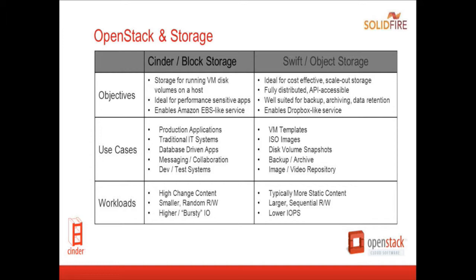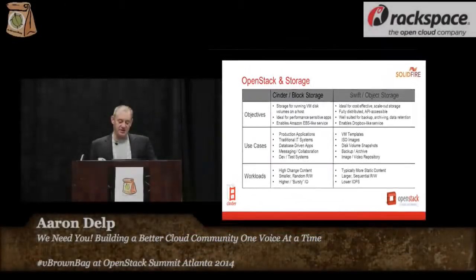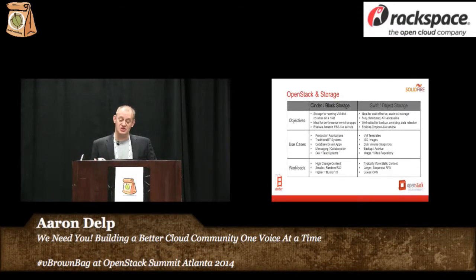But the use cases that lead from those objectives of the projects: production applications, traditional IT under Cinder. Under Swift, a lot of times we're seeing VM templates, ISO images, disk volume snapshots, using this almost as a secondary tier, if you will.